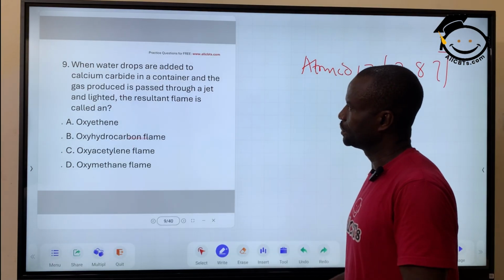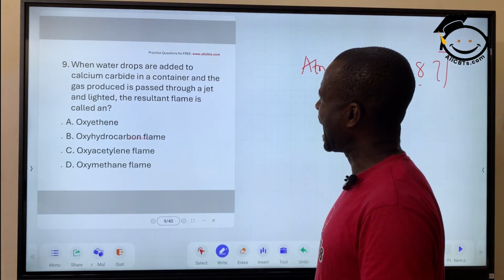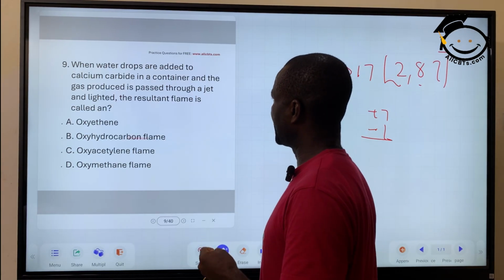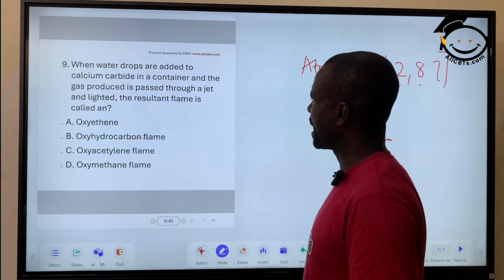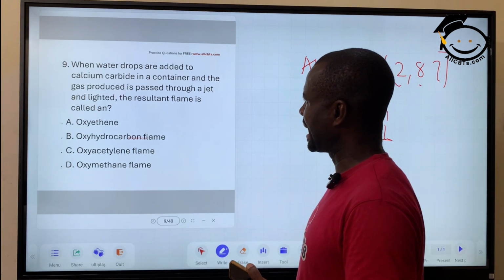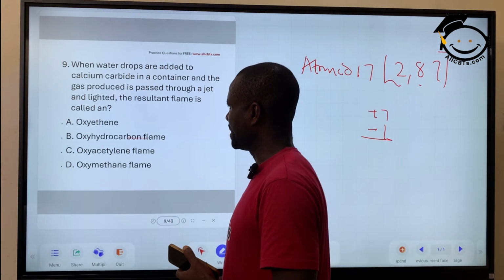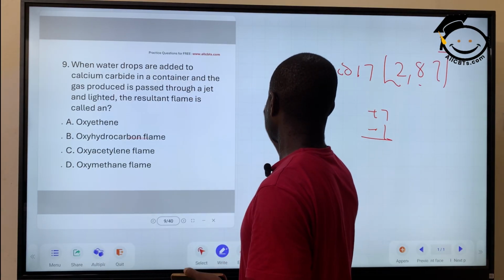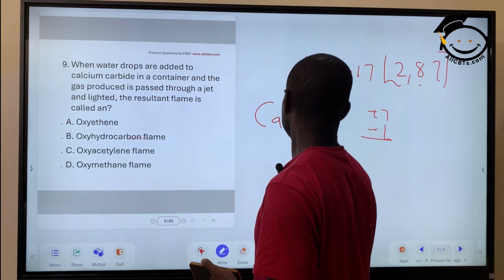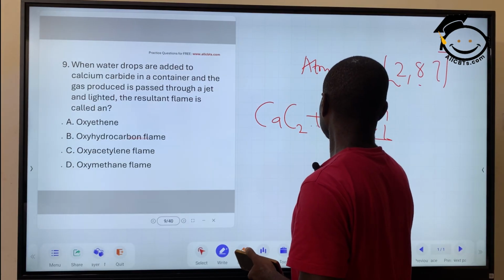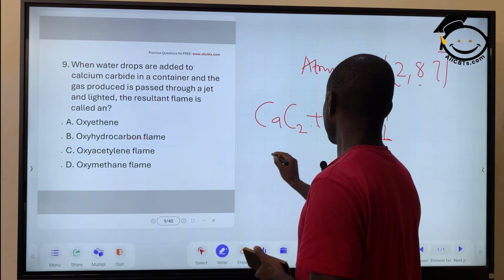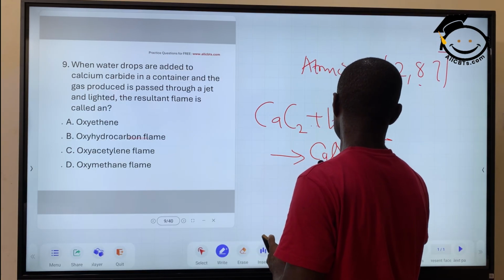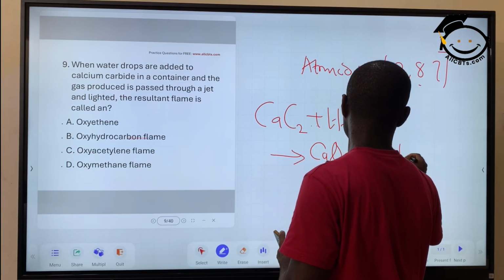Question 9. When water drops are added to calcium carbide in a container and the gas produced is passed through a jet and lighted, the resultant flame is called A. When we have calcium carbide plus water, it will give you this reaction, calcium hydroxide plus C2H2.